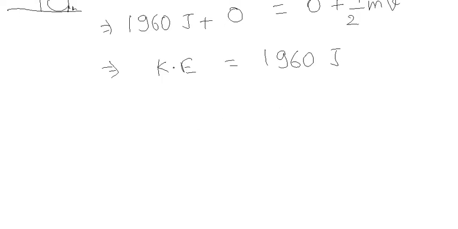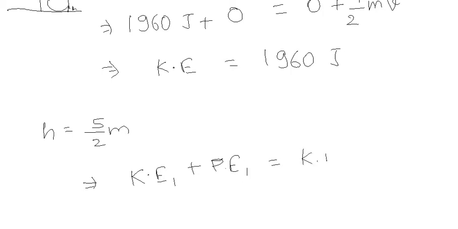In question 10 it is also asked to find the kinetic energy when it is halfway of its journey. It means when h is 5 by 2 meter, what will be its kinetic energy? So again the law of conservation of energy gives: potential energy 1 is equal to kinetic energy 2 plus potential energy 2.